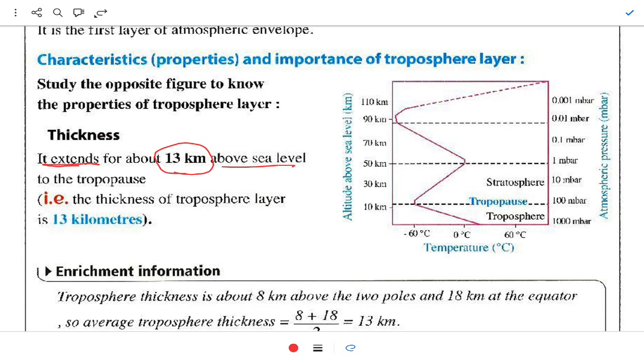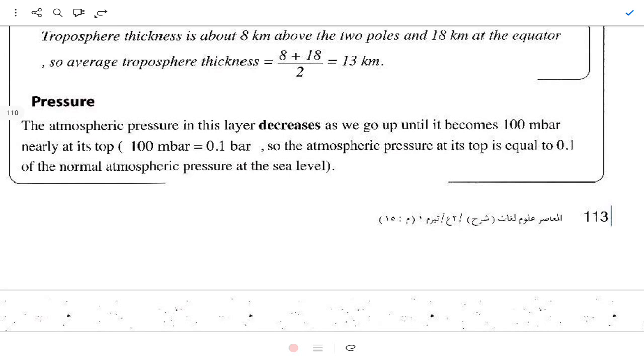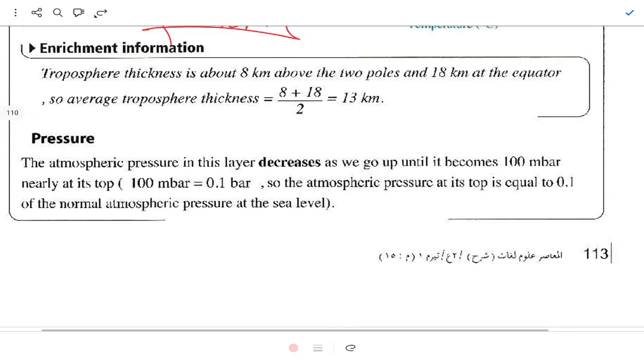The thickness of the troposphere layer is 13 kilometers. And tropopause is the region between the troposphere and the stratosphere.